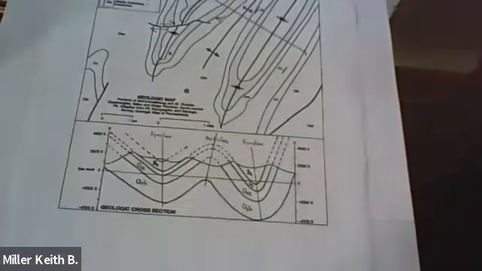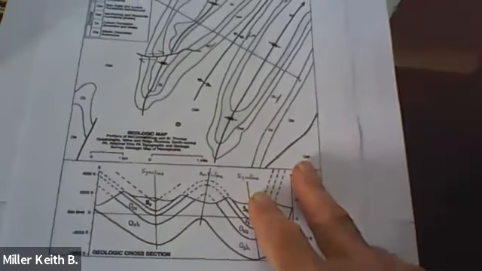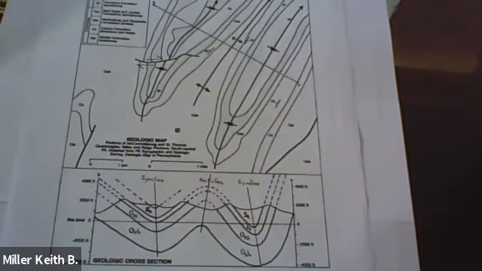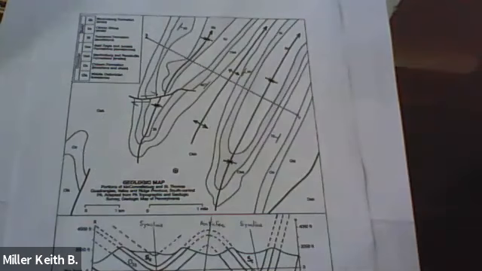Okay, so what I want to do now is just briefly look at a geologic map. So we'll start here, look at this geologic map, and see what we can see, right?